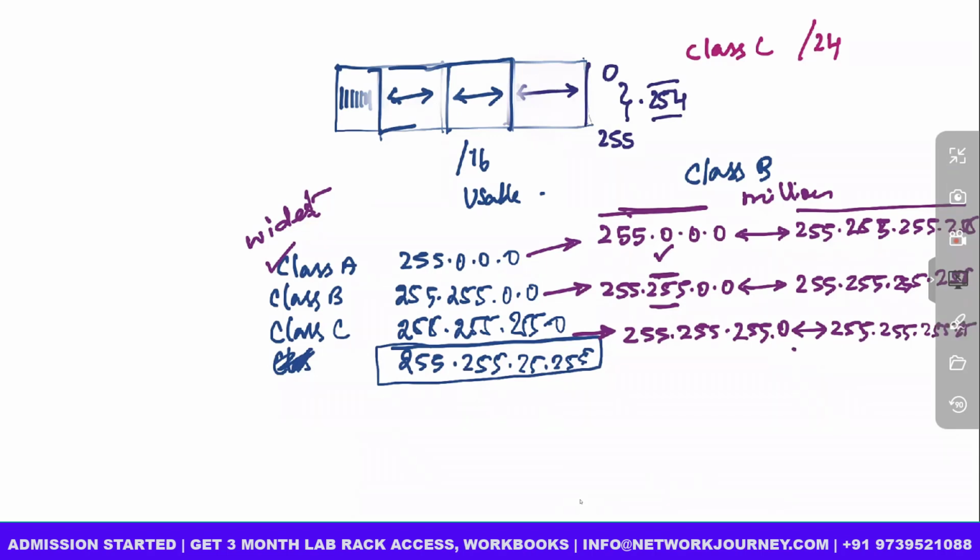Here, as you know, only 254 hosts are available for use. So I can say that if you are a home user, class C will be sufficient. If you are into enterprise, with more than 1,000 users, you can go with class B. I have rarely seen someone using class A because no one uses so many IPs in a LAN infrastructure. Most of the time, class B is sufficient to handle.